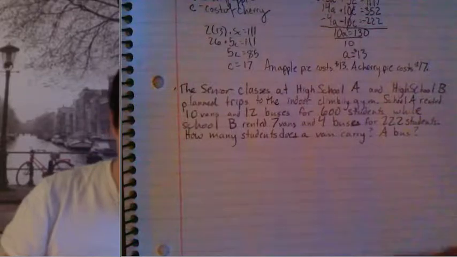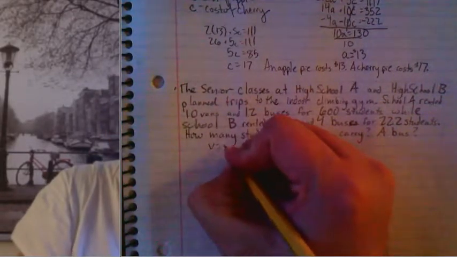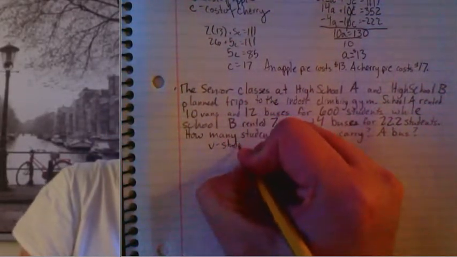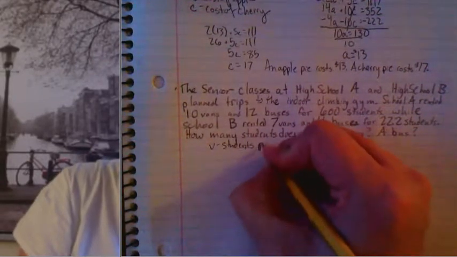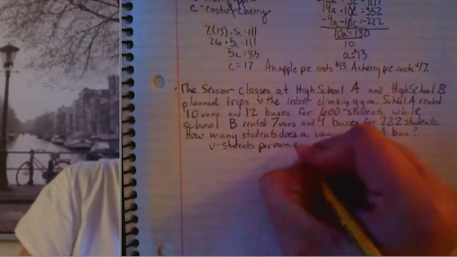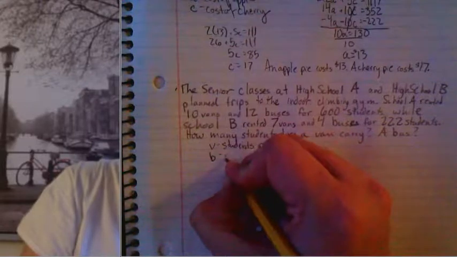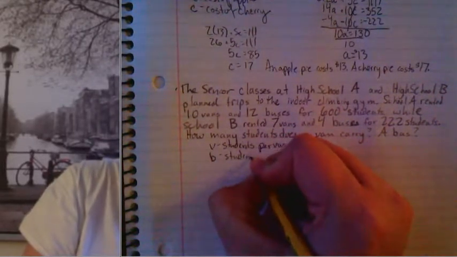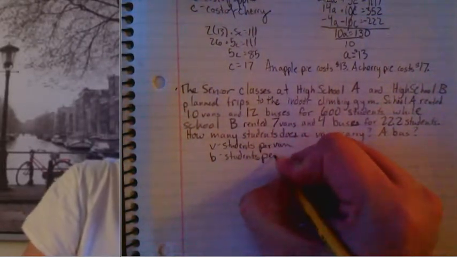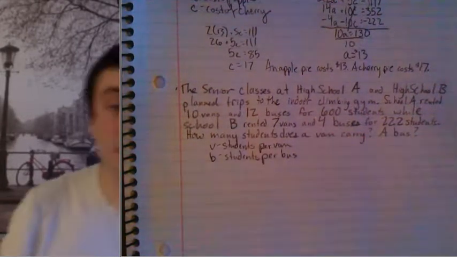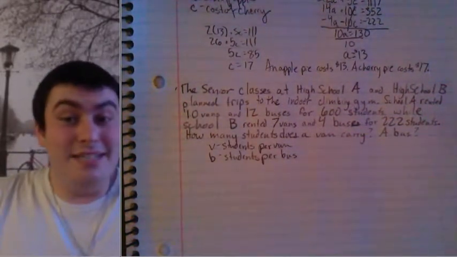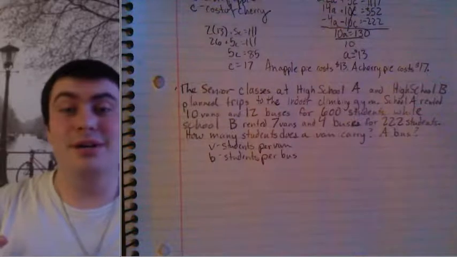So, let's think that maybe V is the students per van, and let's use B for students per bus. And let's think about each high school, one high school at a time. That's how we're going to know this information.